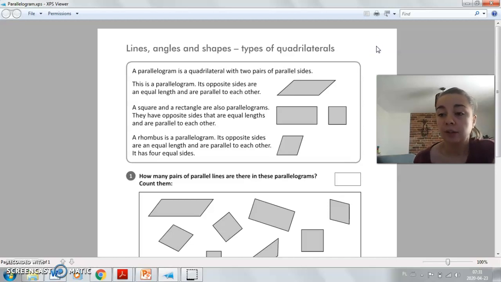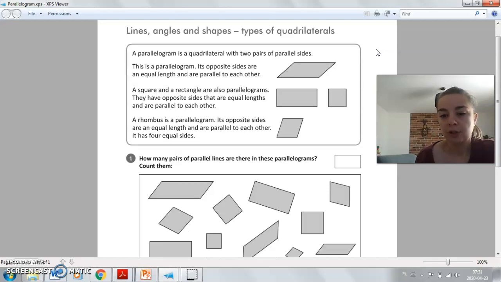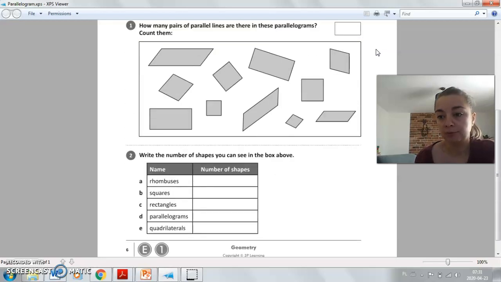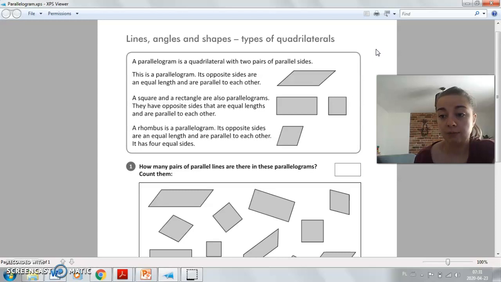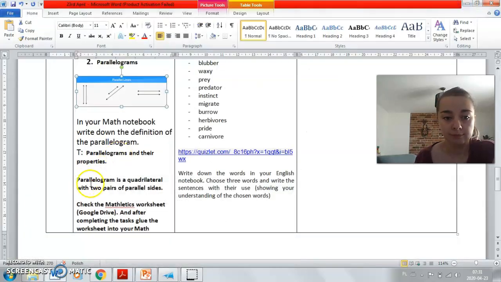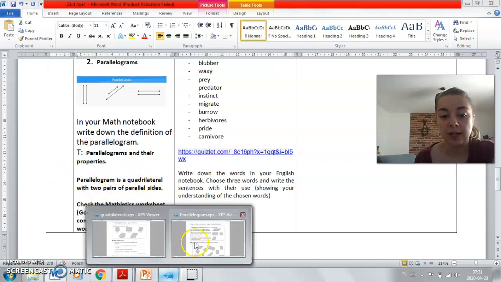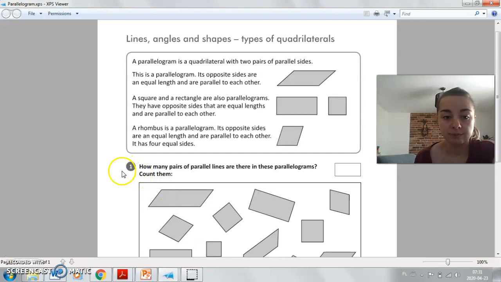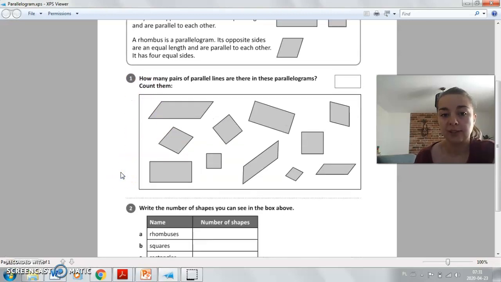Okay, so if you can print it out, you just glue the worksheet to your math notebook. Okay, if you can't, you write the definition, and do the task. How many pairs of parallel lines are there in these figures? Okay, you count them and you write them.